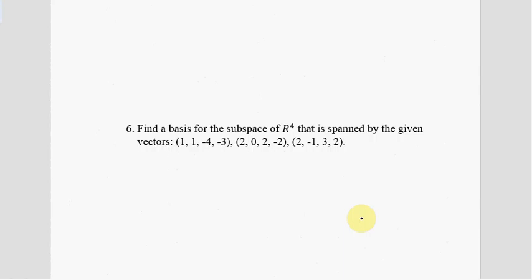Find a basis for the subspace of R4 that is spanned by these given vectors. In other words, what vectors can these 3 vectors produce? So what they're saying is, can you find the skeleton framework for these three vectors to give you any vector of their form only?